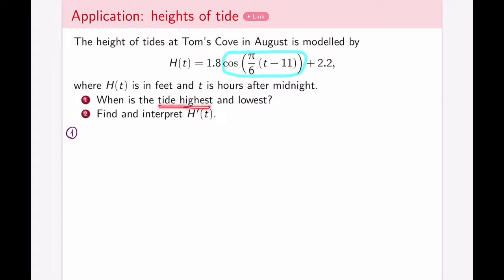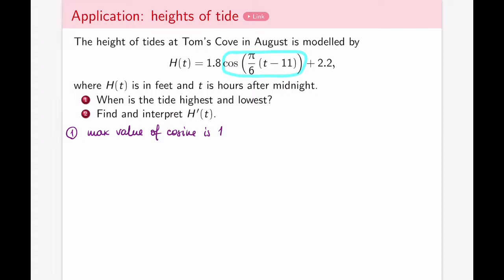When is the tide the highest? Well, the tide is the highest when this quantity here is the biggest it can be. Now, no matter what is inside of cosine, I know that the cosine itself can never be bigger than 1. The maximum value of cosine is, in fact, 1. Now, I have to think about when does that actually happen.